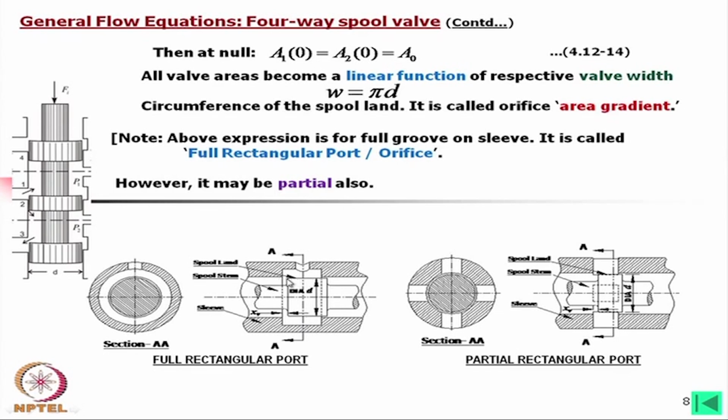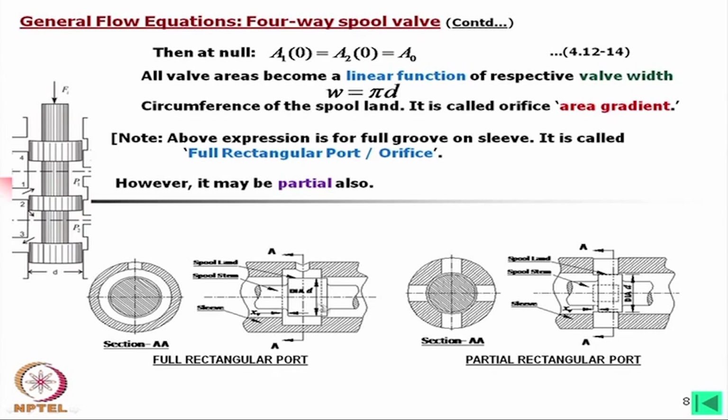Now, 12 millimeter into pi will be around 36 millimeter, and suppose you have given x v equal to 0.5. So, 36 times 0.5 is about 18 millimeter square, is it not. That 18 millimeter square area is very large for controlling the flow.